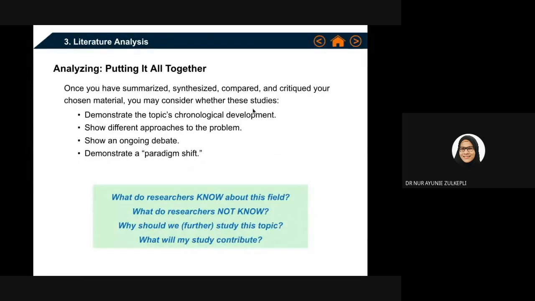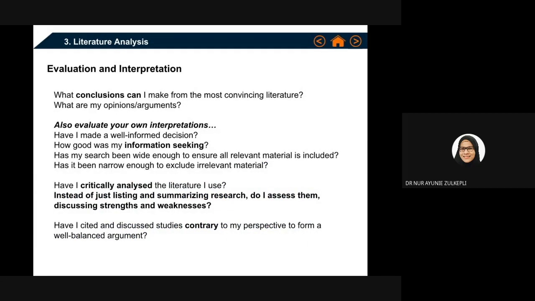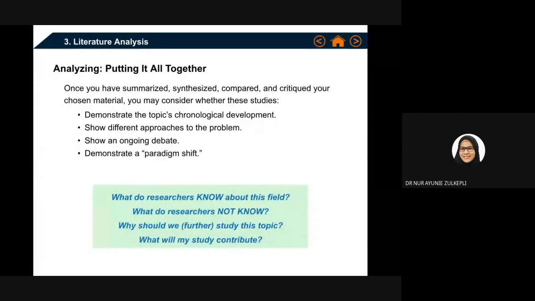Okay. And when you already have your information in your literature, how are you going to put it all together and organize it? Basically, you evaluate and interpret all the data in the literature analysis, and you put it in a chronological development, or let's say you want to discuss it in a form of time frame, or you want to do a debate for it.